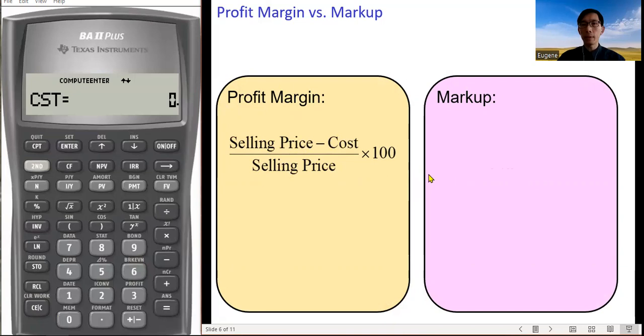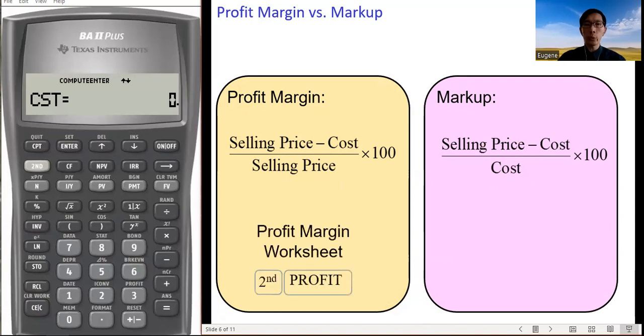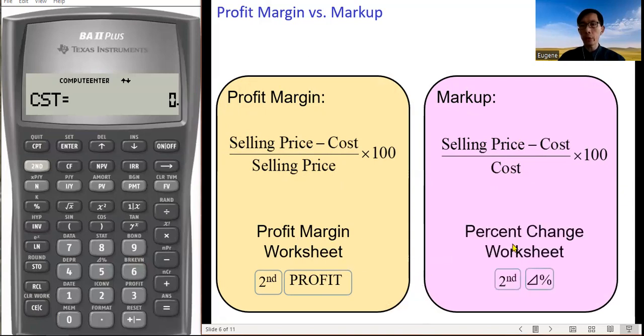For the markup, it is the selling price minus the cost, and then expressed as a percentage of the cost. For problems involving profit margin, we use the profit margin worksheet. For problems involving markup, we use the percent change worksheet.